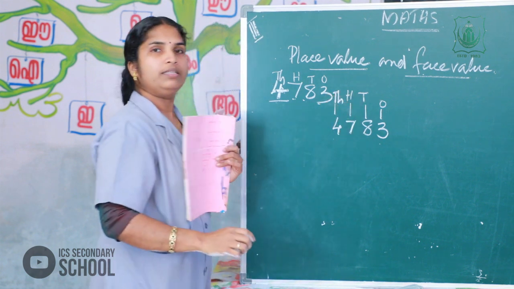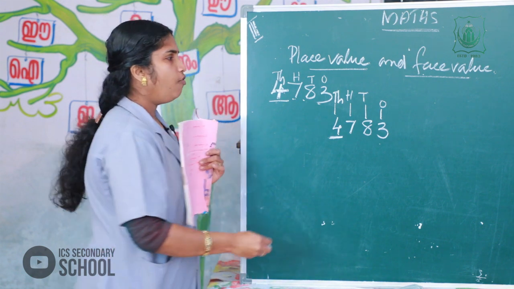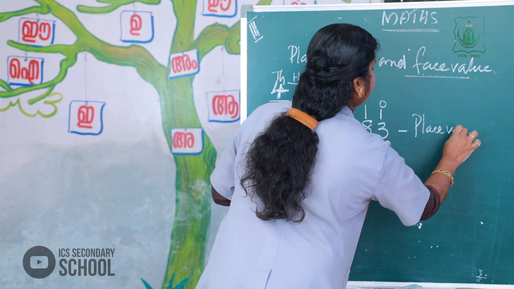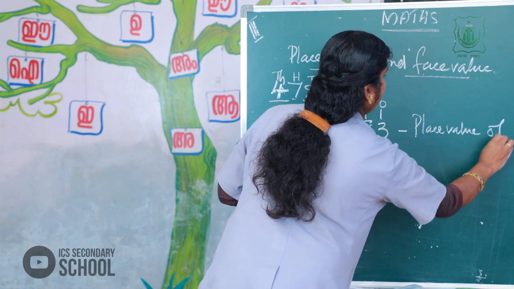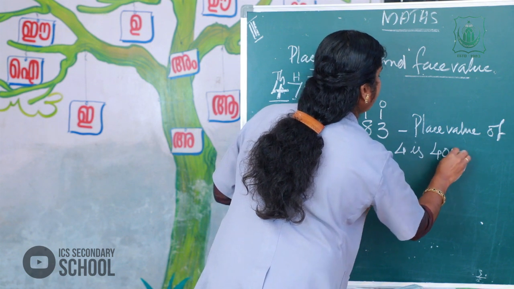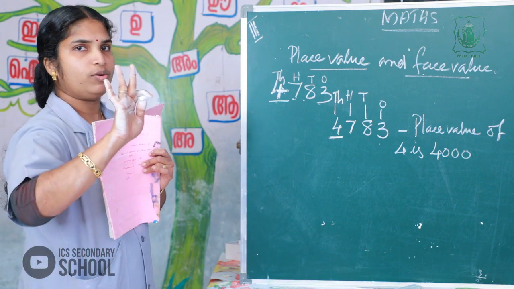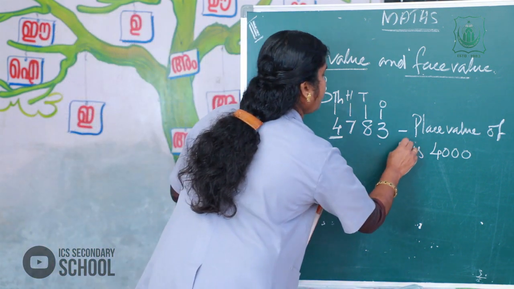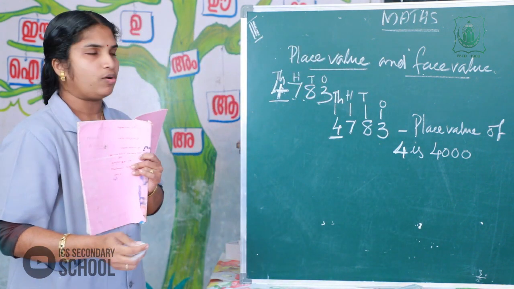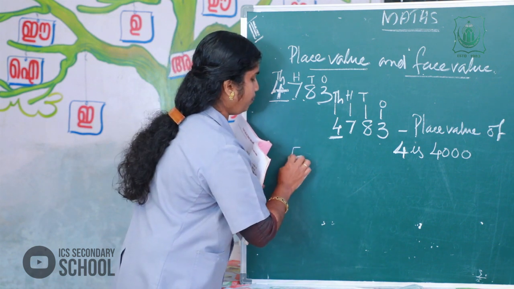So the place value of 4 is 4000. How many zeros are in 4000? 3 zeros. So 4000: 4, 0, 0, 0.